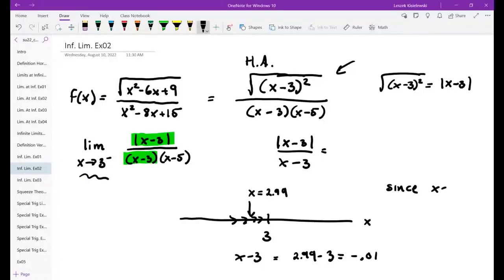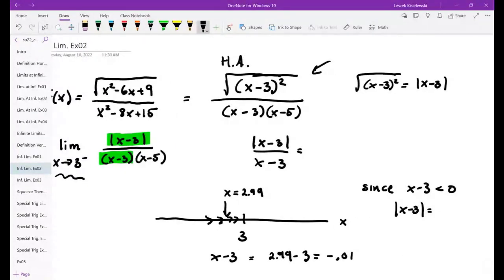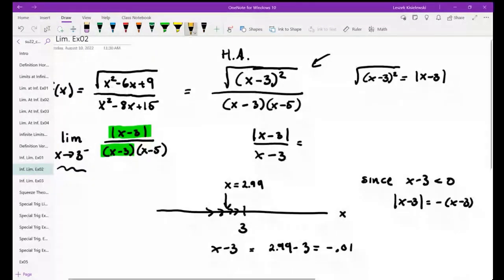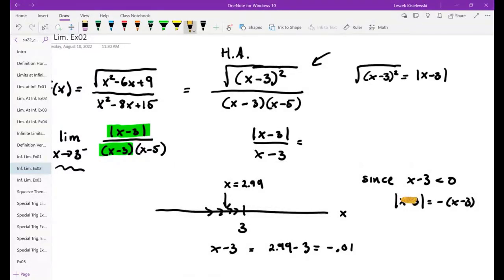Okay, so let's do it this way. Since x minus 3 is negative, the absolute value of x minus 3 is going to become the negative of x minus 3. Remember, whenever the argument of your absolute value function is negative, then we get to drop the absolute value bars, but we have to negate that known negative to get the positive value that the absolute value would return.